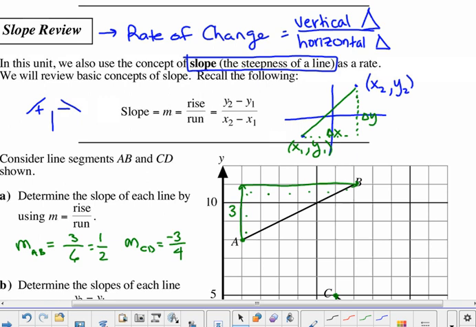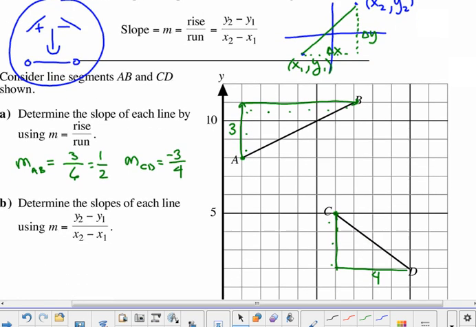If you ever have a vertical line, it's undefined, that's the U, and a horizontal line, slope is 0. That is slope band. So this one was rising to the right, that's why it was a positive slope. This one's falling as we move to the right, reading left to right, so it's a negative slope.